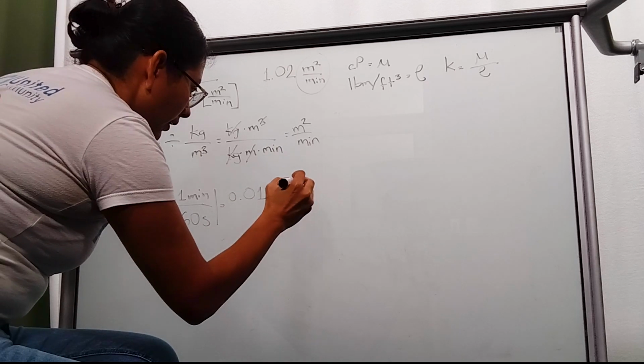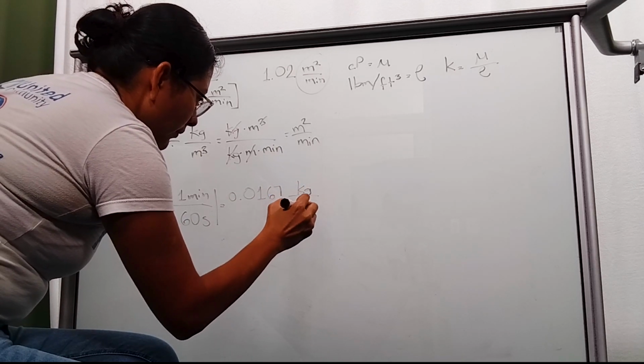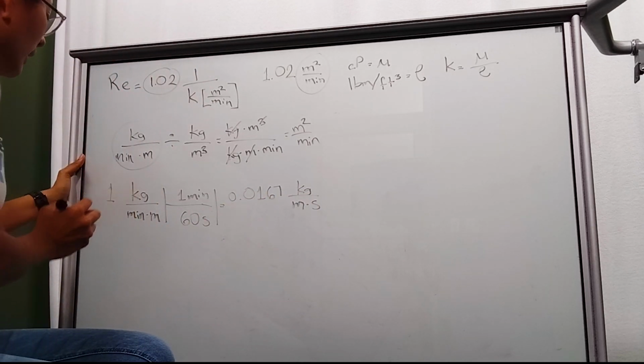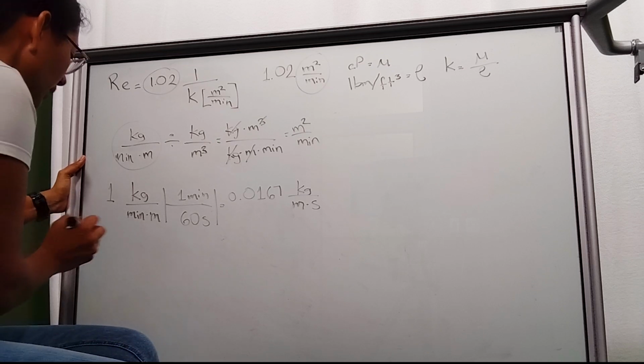0.0167 kilograms per meter per second. And we know that 1 kilogram per meter per second is equal to 1000 centipoise.